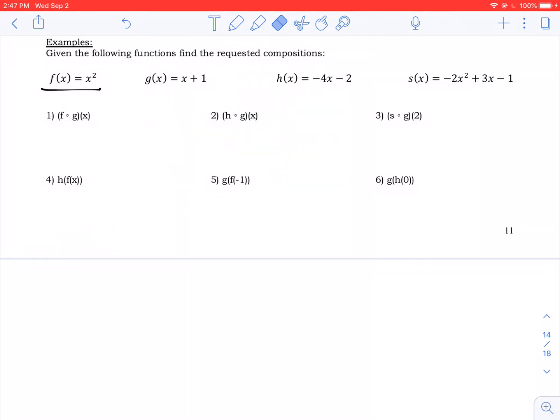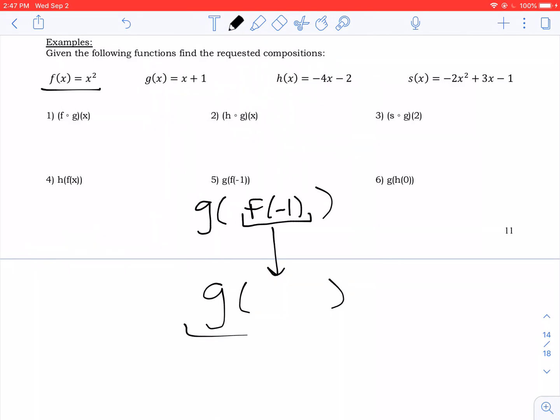Okay. Last two here. G of f of negative 1. So we'll first start by finding f of negative 1. We're going to get an answer to that, and then we're going to find g of that answer. So it's kind of like a nested problem. So let's find f of negative 1.